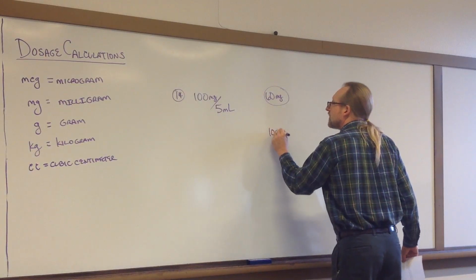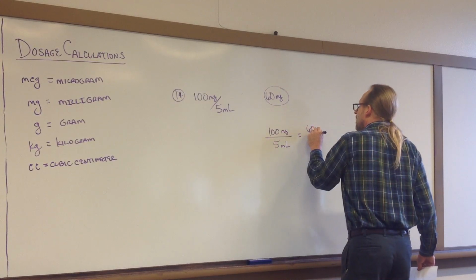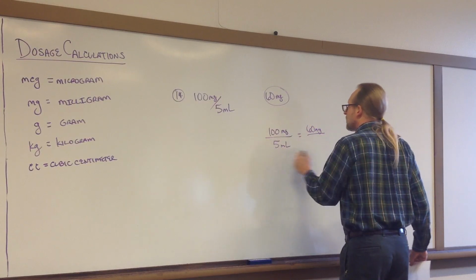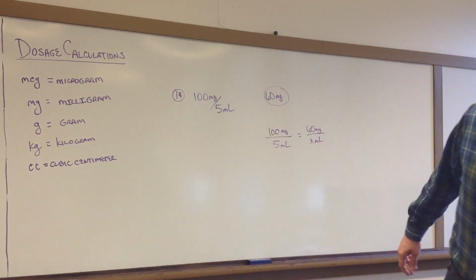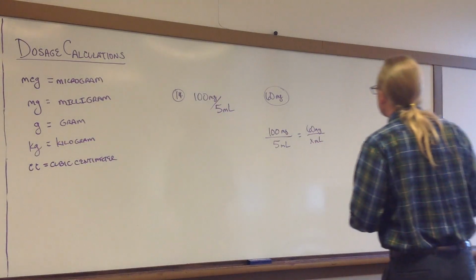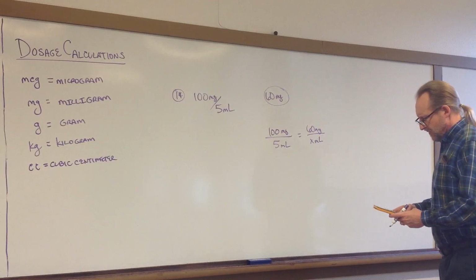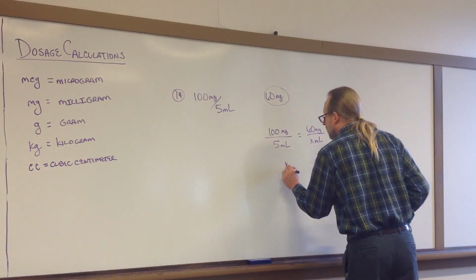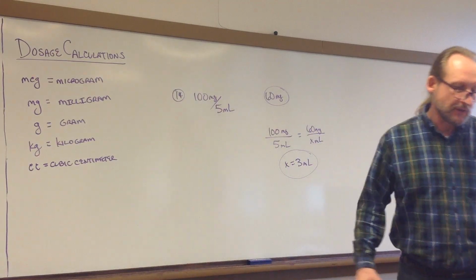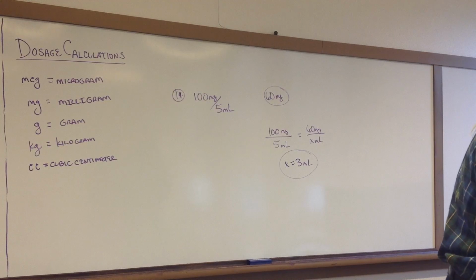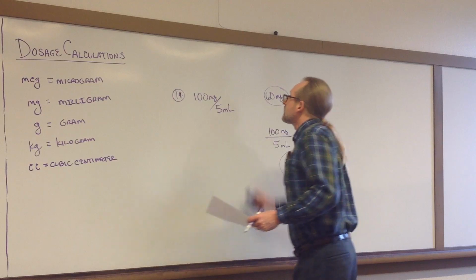And again, we can go ahead and set up our proportion here. If there's 100 milligrams in 5 milliliters, then how many milliliters will have 60 milligrams in it? And so we need to do 5 times 60 and then divided by 100. And that says we're going to need 3 milliliters to get that 60 milligrams. Okay. Got a couple more here to look at.